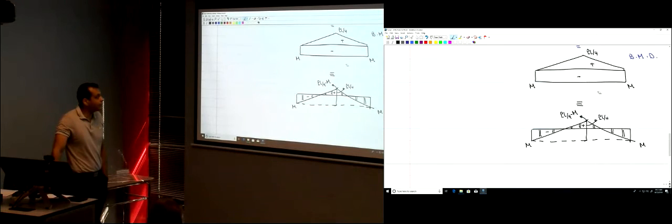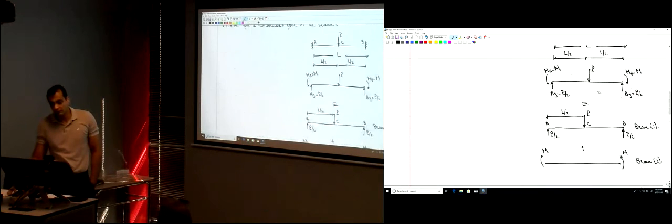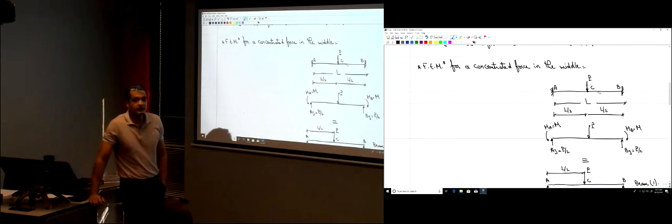The way I'm going to do this is I'm going to use a piece of information that I know. What is that piece of information? Can anyone tell? It's related to our discussion of the conjugate beam.